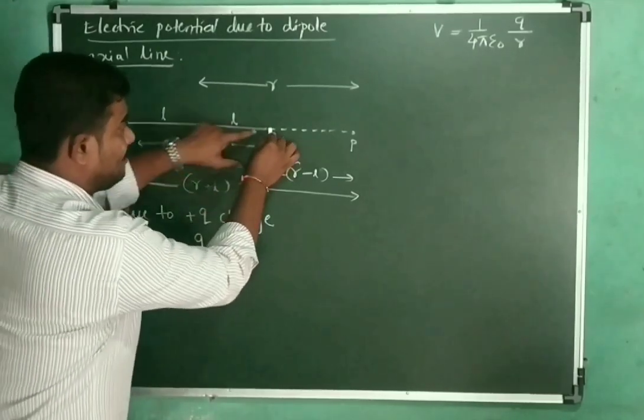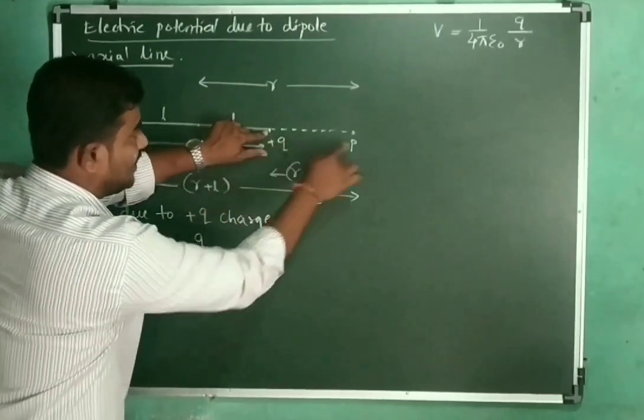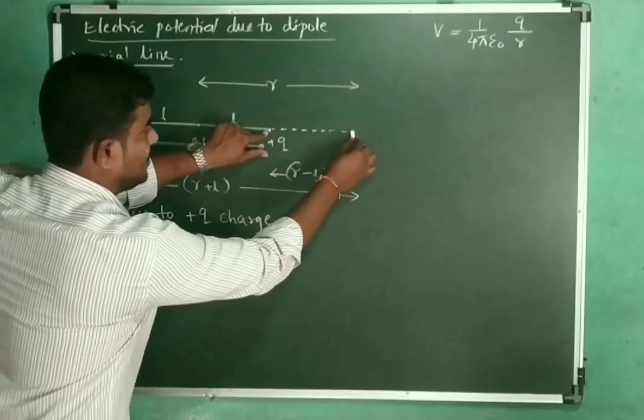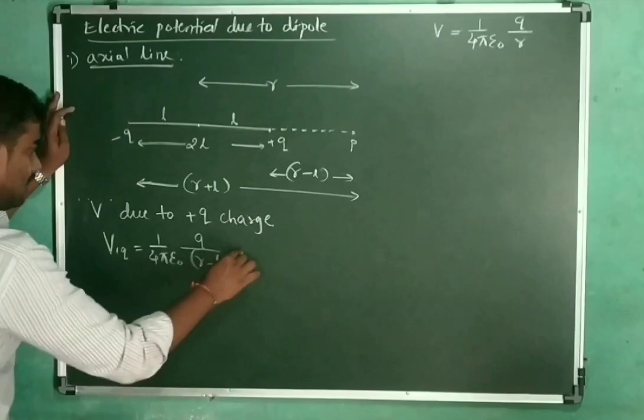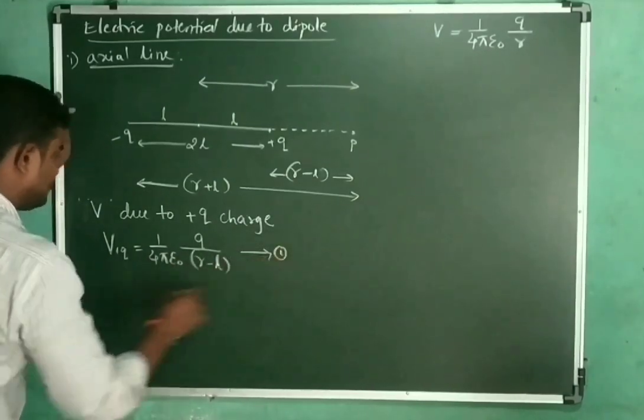In this case the charge is plus q and the distance is r minus L. Let us call it 1.